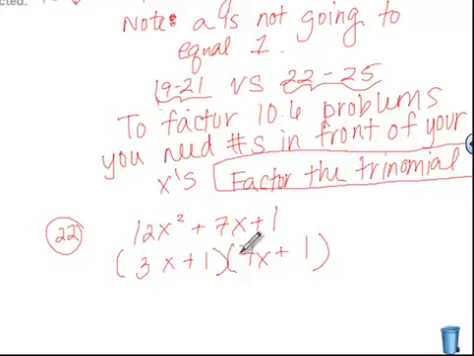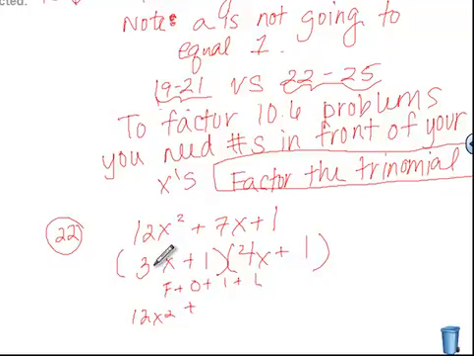That's what I did here. To go from factored form back to standard form, you FOIL. So you do the fronts plus outsides plus insides plus lasts. So if you multiply the fronts, you're going to get 12x squared, and you ensured that when you picked those numbers 3 and 4 and had those x's out there, you ensured that that's what you would get when you multiplied the fronts. So that's good.